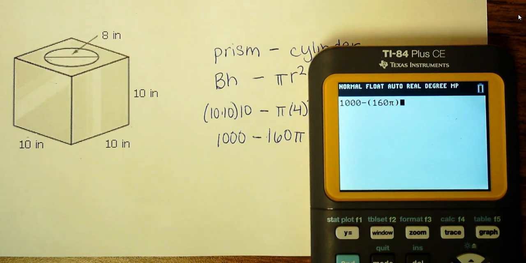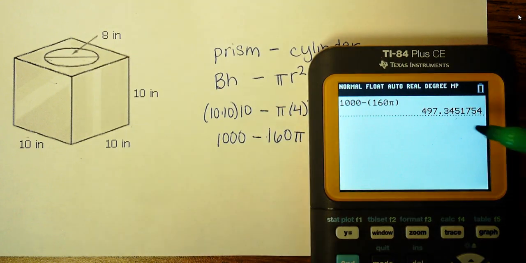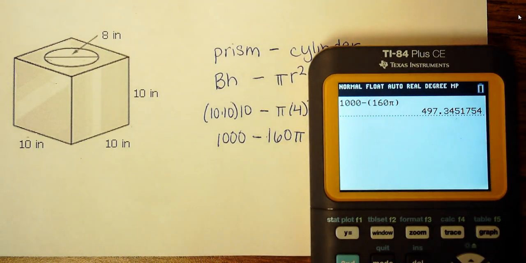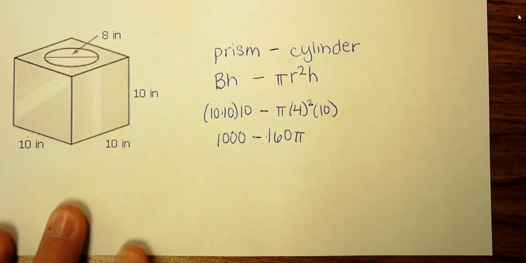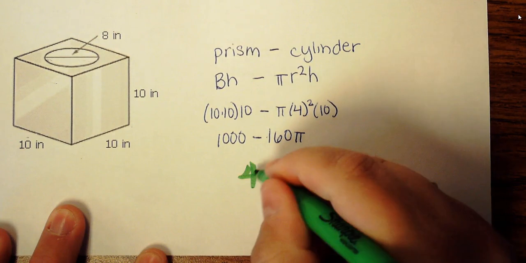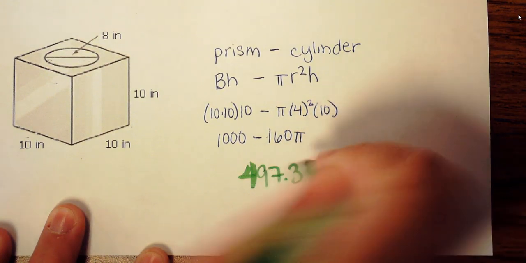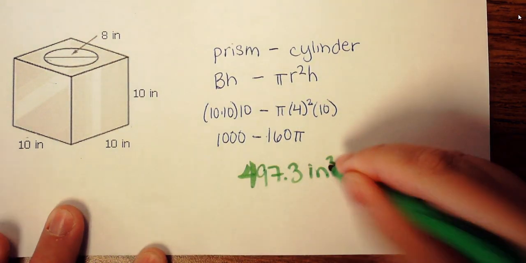That would be subtracting out the cylindrical hole down the middle. And to the nearest tenth, this is going to be 3 followed by a 4, so that would not round that up, so I'm going to do 497.3, and this is going to be cubic inches.